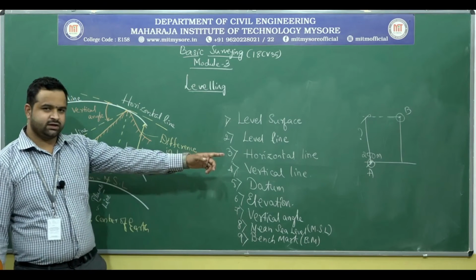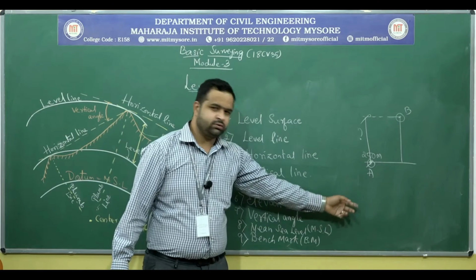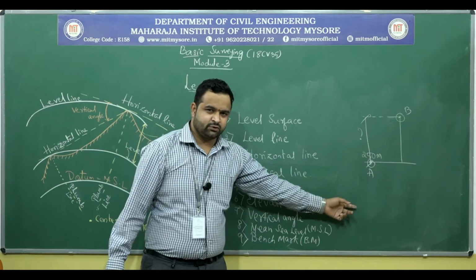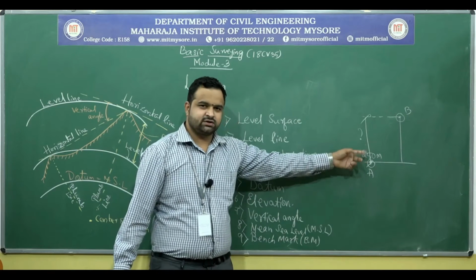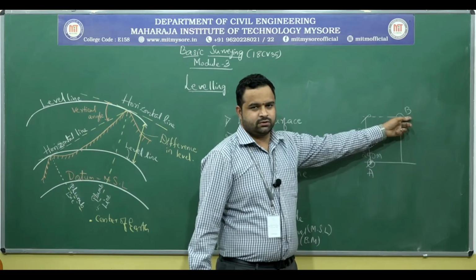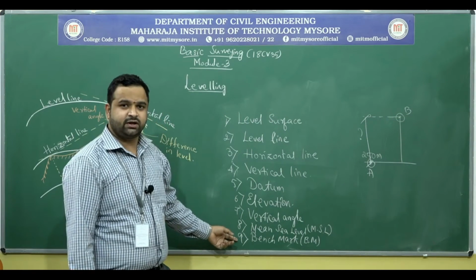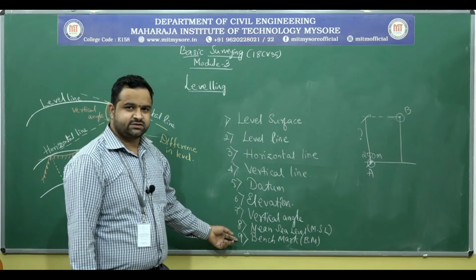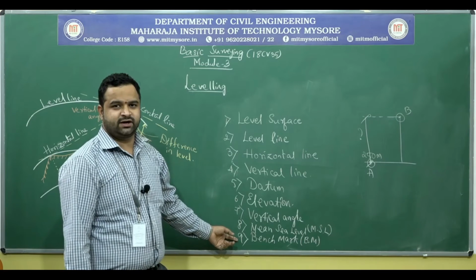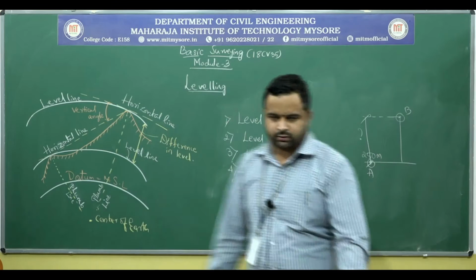As I said earlier in this figure, you know the elevation of this point with respect to mean sea level is 250 meters. So keeping this as reference, you can calculate its elevation easily, right? So a benchmark is a relatively permanent point of reference whose elevation with respect to some assumed datum is known.